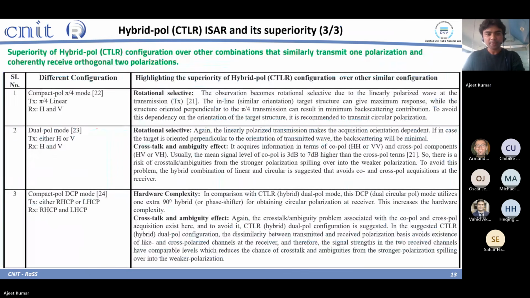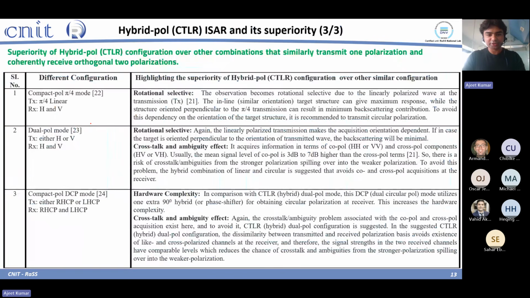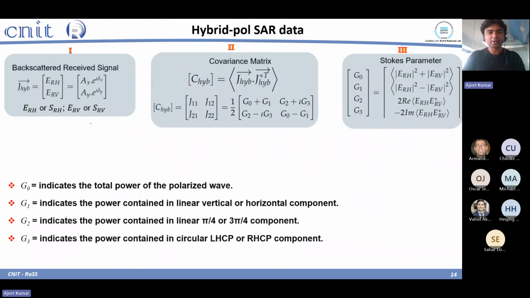Somehow hybrid polarimetry can be established theoretically or practically as better than the configurations which transmit one polarization and receive H and V, to retain the swath coverage area. That's why our focus of today's talk is on compact polarimetry.